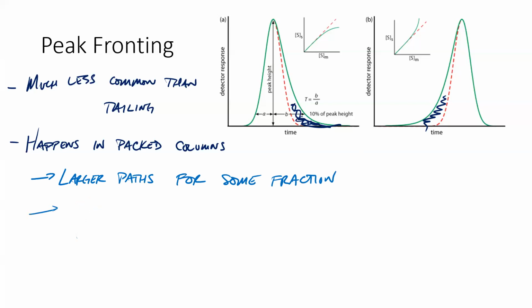Another issue, so that would be like if here was our packed column, right? And for whatever reason, at the beginning of this column, say that we've just had too many injections, right? And at the beginning of this column, there's like this big open space that runs for, I don't know, that looks like 3 centimeters into the column, right? And so whatever analytes happen to find that one little path, well, they're 3 centimeters ahead of everybody else, right?